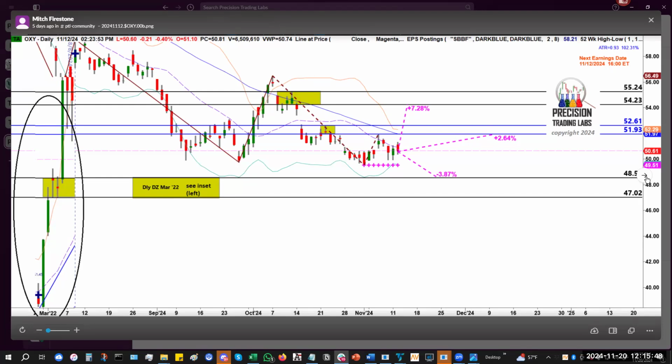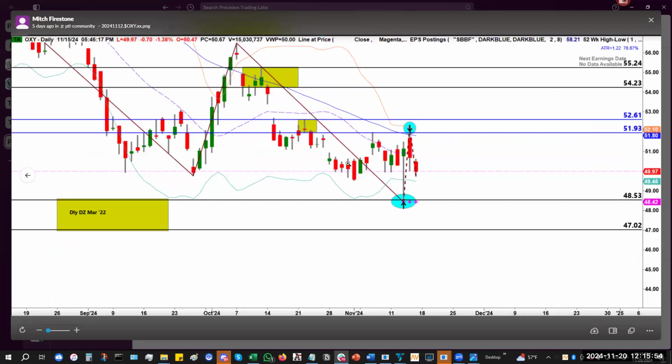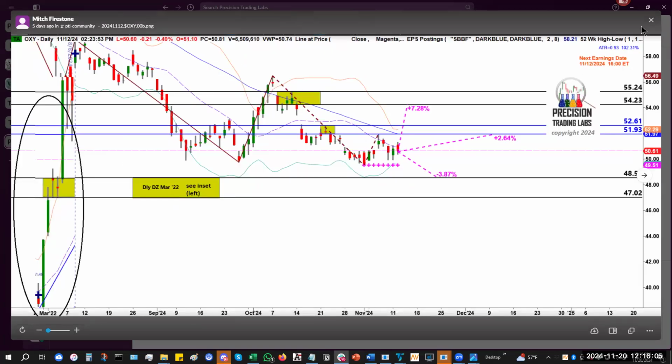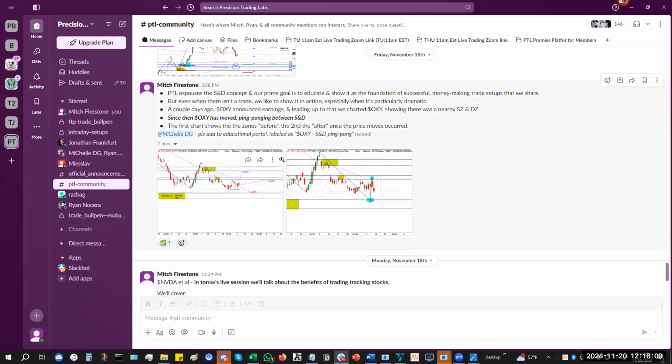But it was something we had discussed during a session. We didn't actually take a trade on it. But it was an illustration of how price bounced between supply and demand.